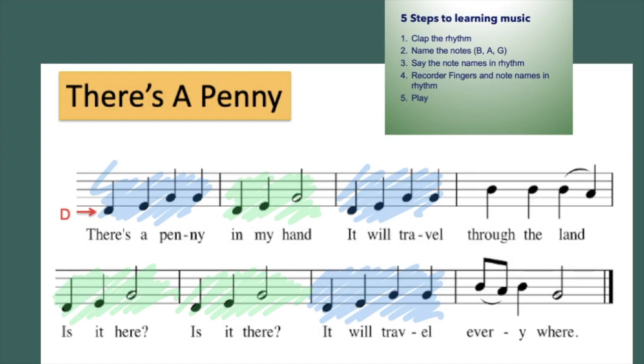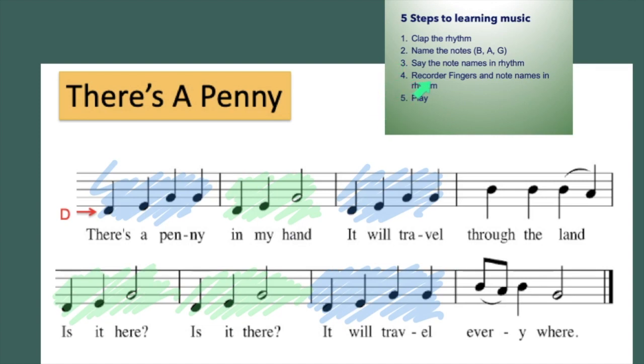Pause it right now. I can't do that step 3 for you. You and your brain have to be able to do that step. And if you can do step 3, I think you have a great chance of being able to play it. But if you can't do step 3, it's going to be really hard.